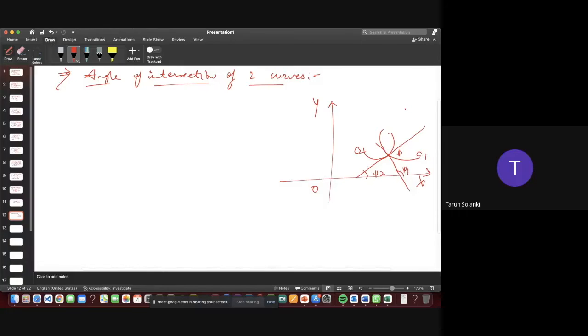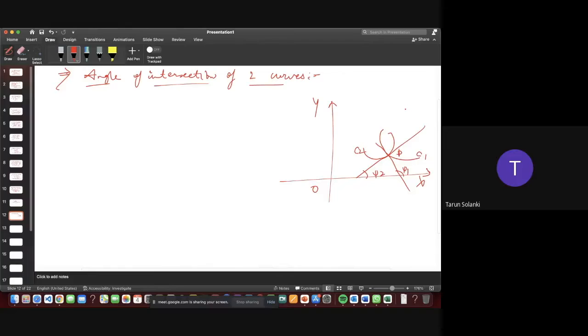Then the angle theta between PT1 and PT2 is the angle of intersection of C1 and C2, right? So psi 1 and psi 2 are the angles made by PT1 and PT2 with the positive direction of the x-axis, in the anti-clockwise sense, right?